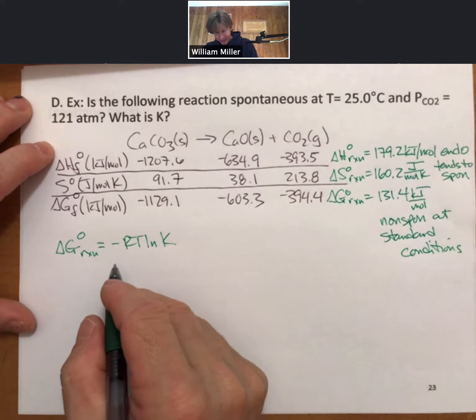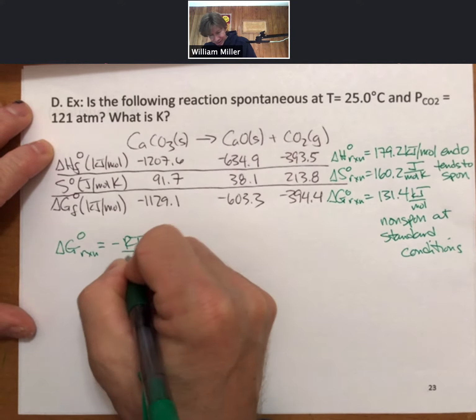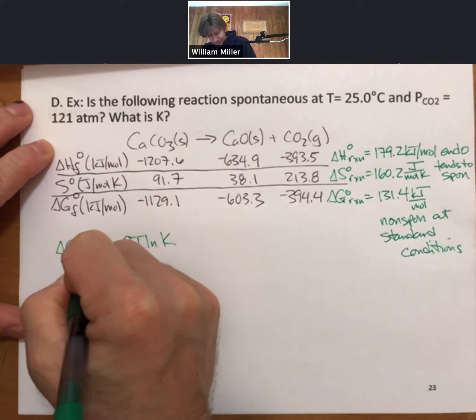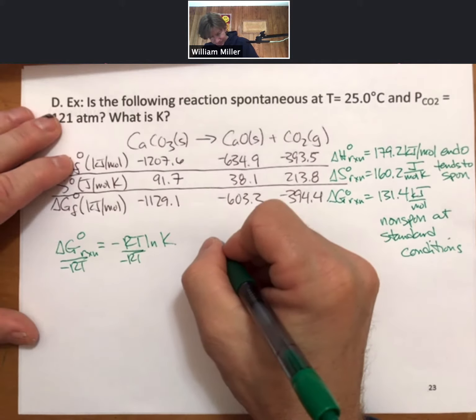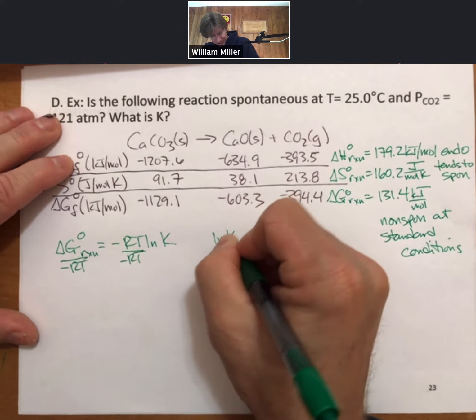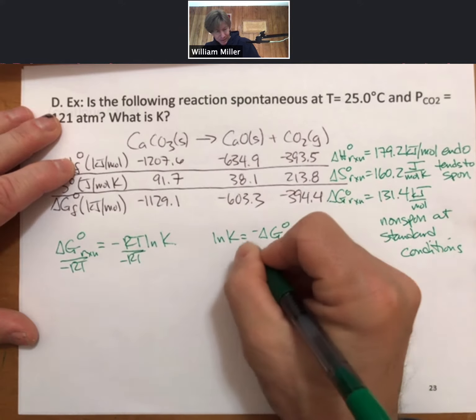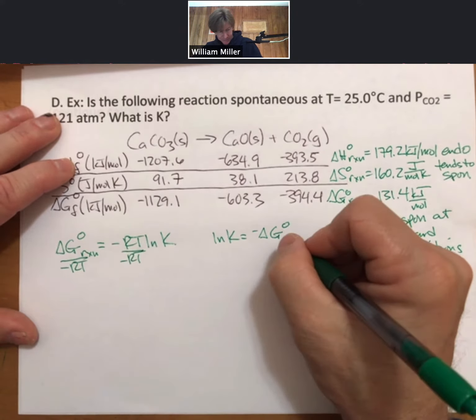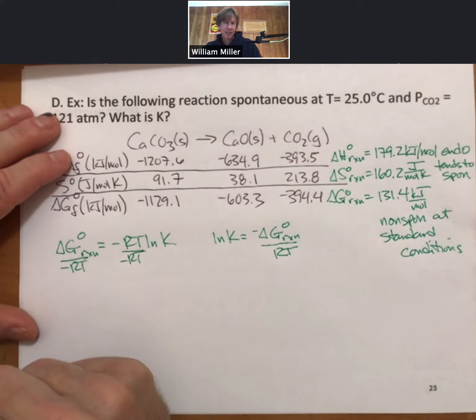Now let's get the RT to the other side and the minus sign. We get ln K equals minus delta G reaction over RT.